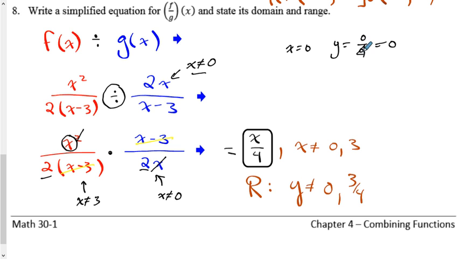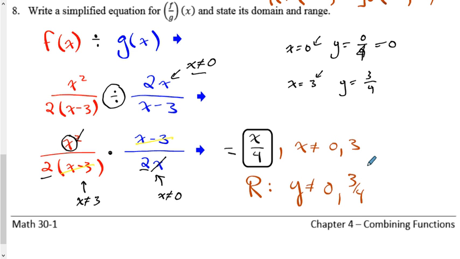Or if x is equal to 3, y is equal to 3 over 4. So I found the y coordinates that go with these two x values if they had existed. But since they don't exist, these two y values don't exist. There we have the domain and the range.